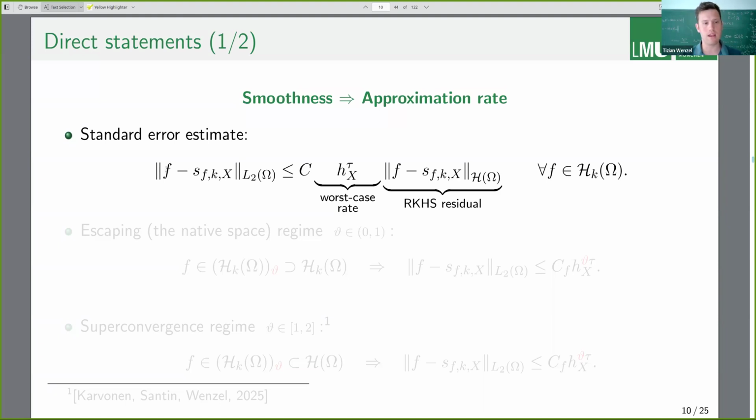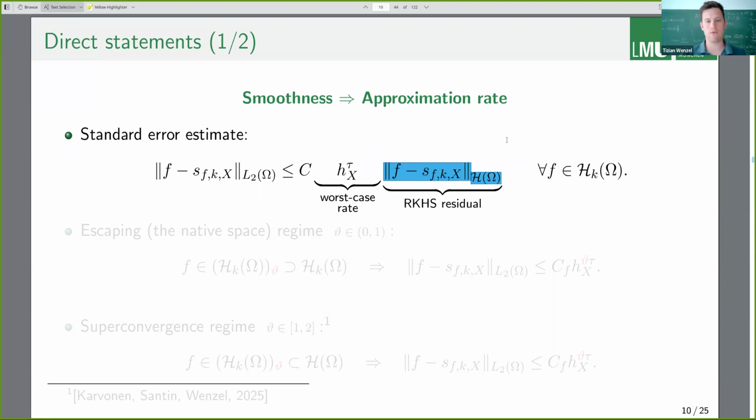Here we consider the difference between our target function of interest and our kernel interpolant, measured in the L2 norm, and very classical estimates state that this error can be bounded by some constant times some worst case rate, which here depends on the fill distance, which relates to the number of points we have for our approximation, and here we have some RKHS residual.